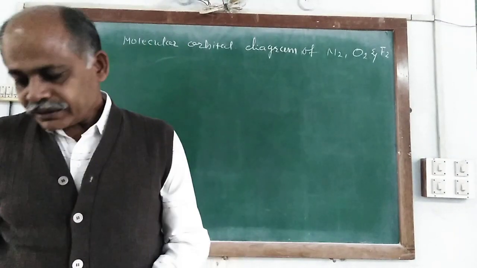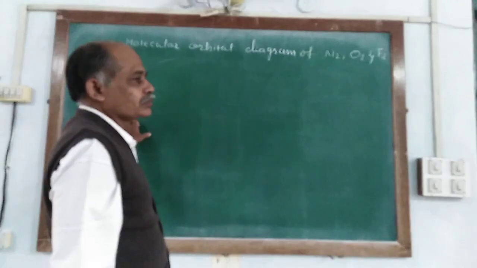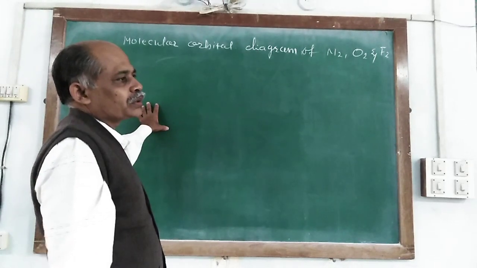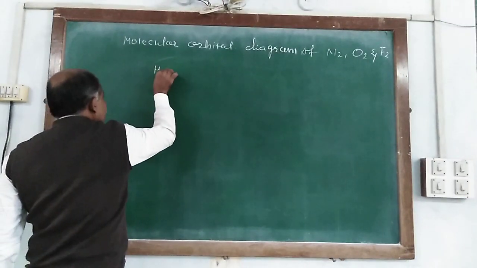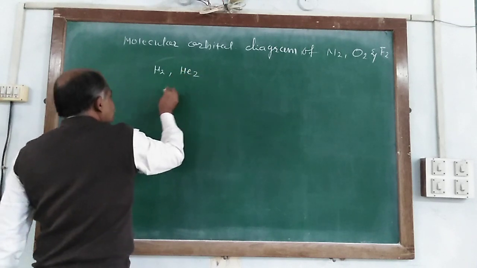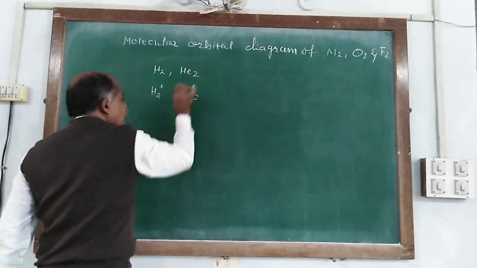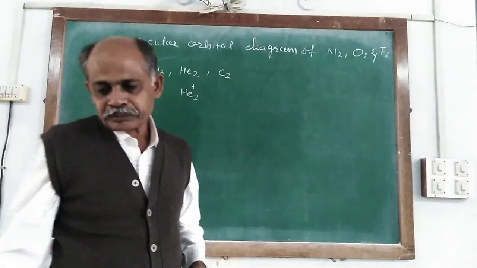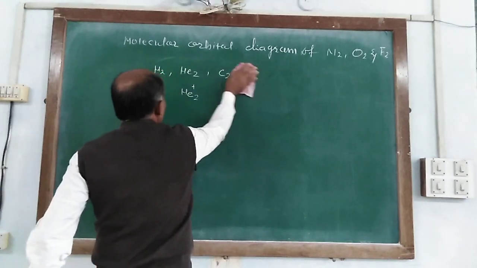In the previous lecture, we discussed the molecular orbital diagram of some homodiatomic molecules such as hydrogen, then He2, then the ion of hydrogen, the ion of He2 plus, C2, and the remaining three diatomic molecules N2, O2 and F2.